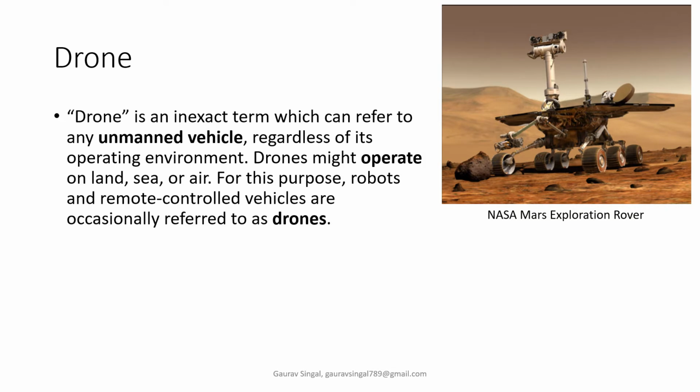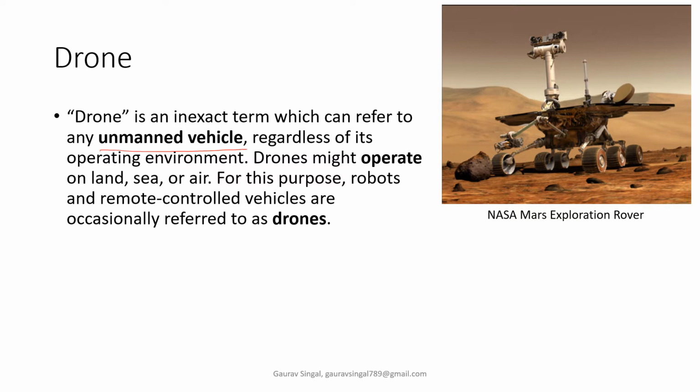Okay, so the definition of drone is an inexact term which can refer to any unmanned vehicle. We are not saying unmanned aerial vehicle. We are simply saying any unmanned vehicle, we can call it a drone.